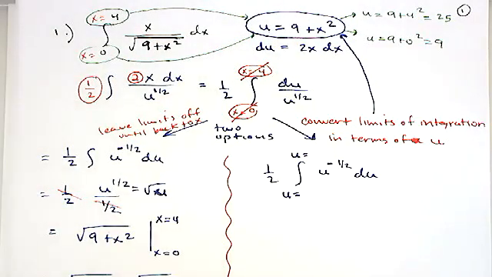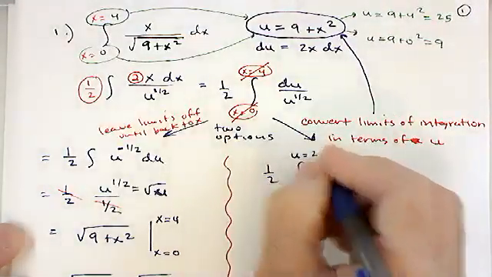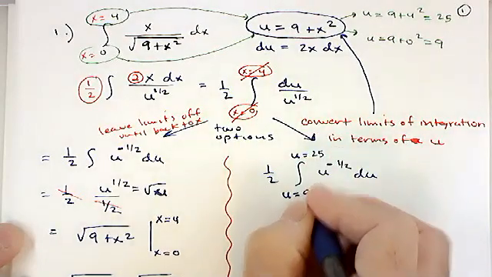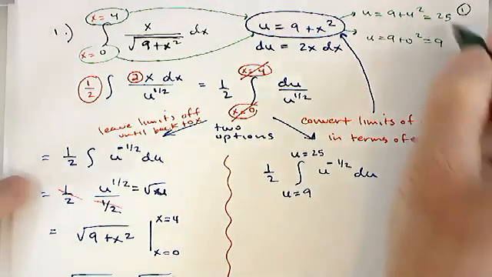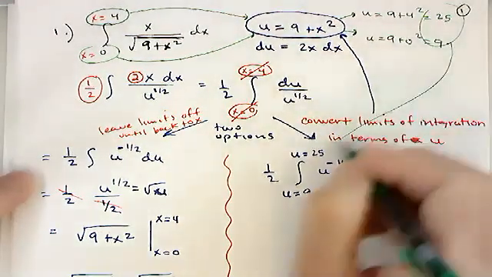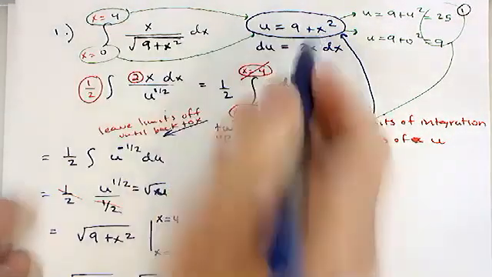And so it would be okay to take the upper and lower limit and convert them so that this is 25, this is 9. I'm just taking these and putting them back into here. That is a 4 squared. Yes, it is, because I was putting the 4 in here for x squared.